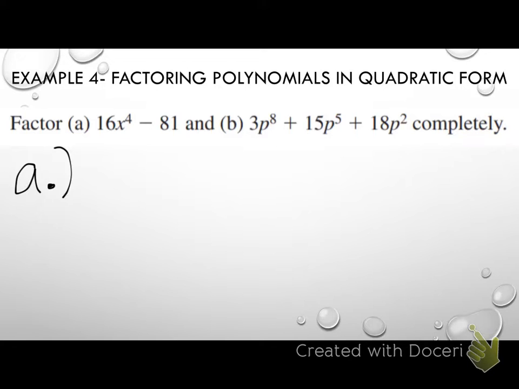Difference of squares. I can easily take the square root of 16x to the 4th. I can easily take the square root of 81. So those are two perfect squares. They're being subtracted. So I know it's a difference of two squares. Does anyone remember how to factor a difference of two squares?